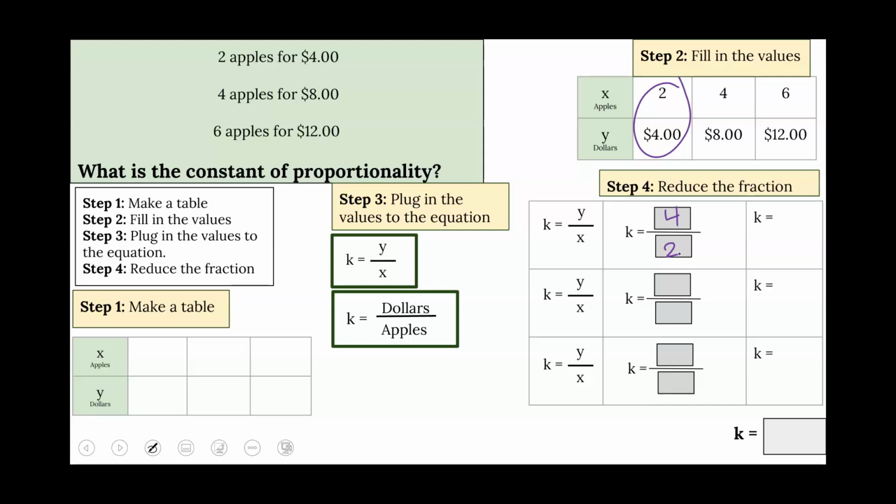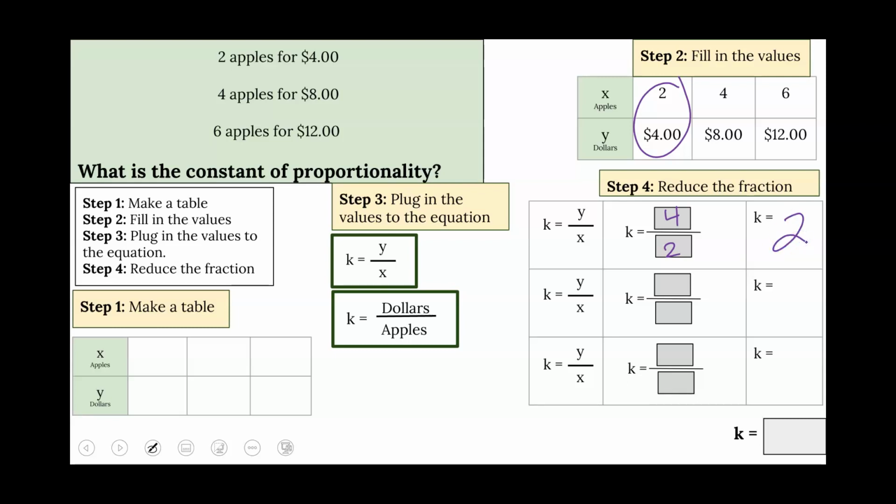What this fraction 4 over 2 really means is 4 divided by 2. I'm going to take my calculator, and I know some of you can probably just do mental math, but just to be sure, I'm going to take 4 and divide by 2, and I get 2. That is my answer.